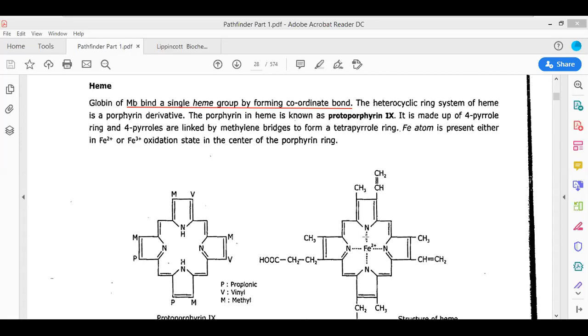The structure of myoglobin or hemoglobin consists of a common heme group, and they have evolved from a structure, and these are referred to as the tetrapyrrole rings.